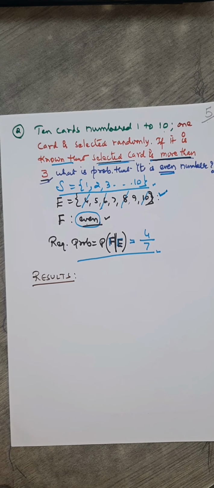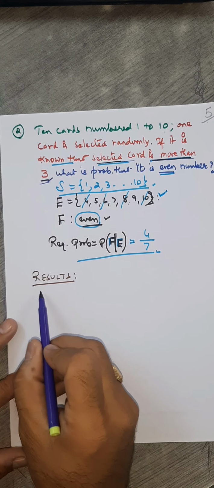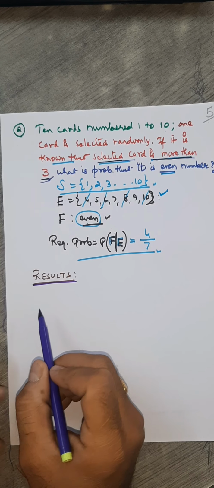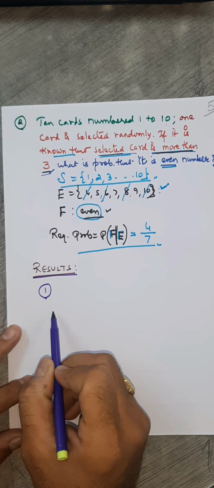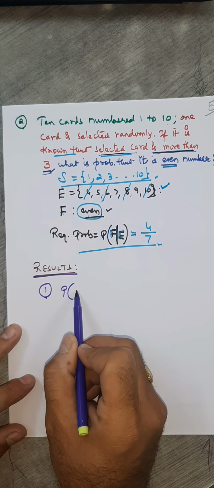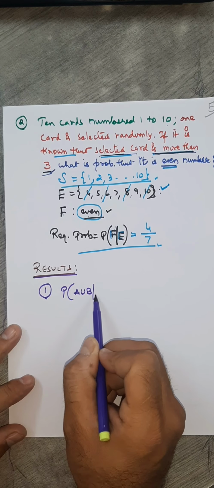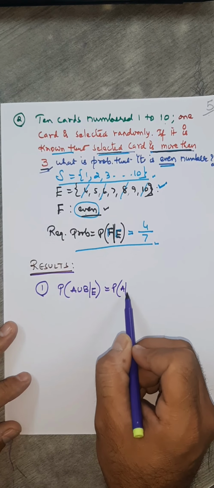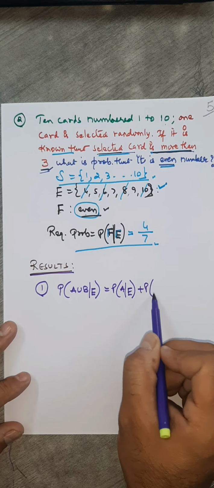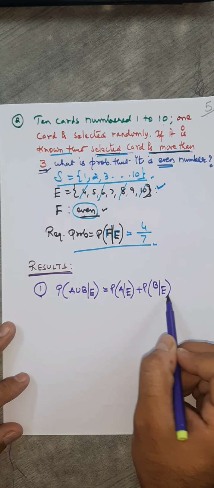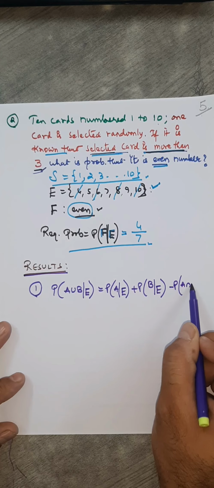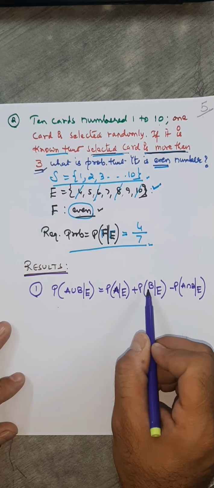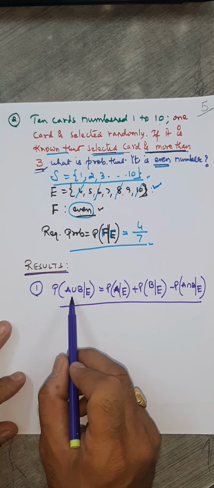Now we state without proof the results about conditional probability, which are the same as what I have stated earlier. The one is the addition rule: probability of A union B given the event E, conditional probability, which is probability of A given the event E plus probability of B given the event E minus probability of A intersection B given the event E. That's similar to what we stated in the beginning, addition rule for two events.